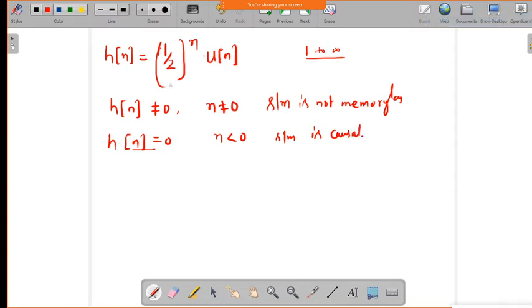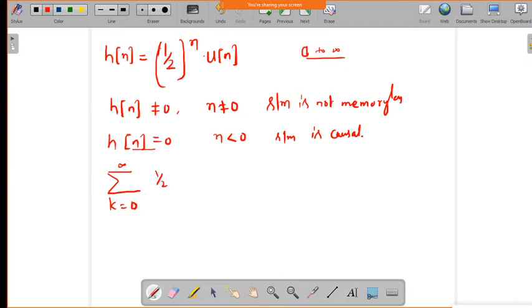Now you have to find the summation from k equal to 0 to infinity, because it exists between 0 to infinity, it is u of n.